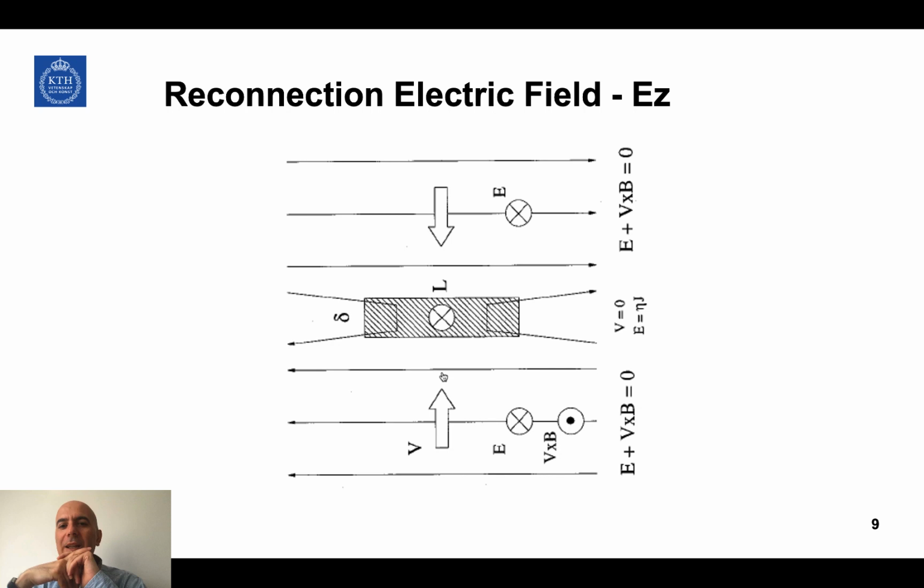In our simulation it is not going out, but going inside the plane. So here you see this electric field, and then we have the magnetic field here from the lobe. So these are the asymptotic magnetic field. And then the E cross B basically drives the plasma to the X point.